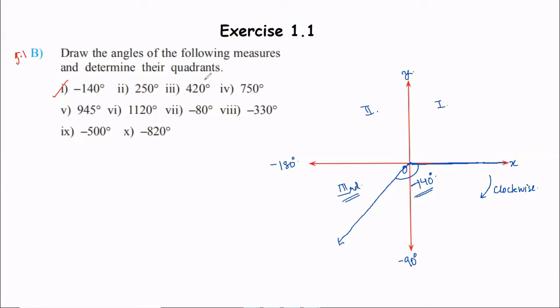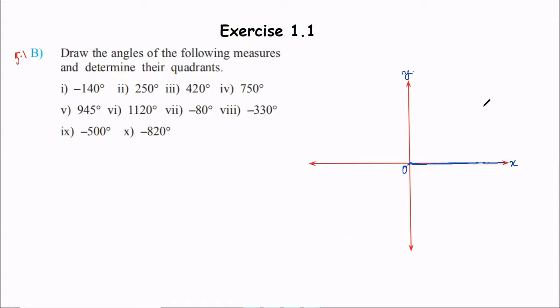Okay. Now moving to the second question, that is to draw the angle 250 degrees and determine its quadrant. So let's draw 250 degrees. Before that, we will erase this. Yes. So now let's plot 250 degrees.